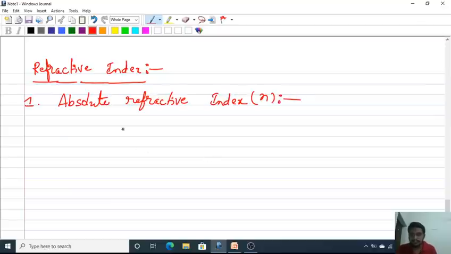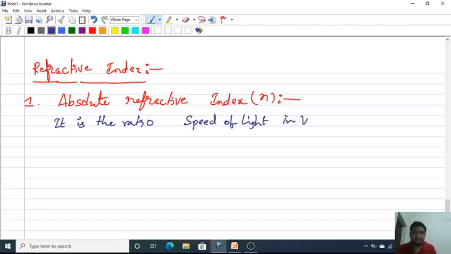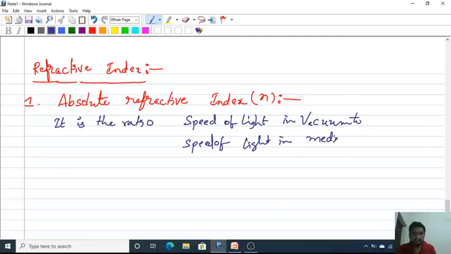It is the ratio of the speed of light in vacuum to the speed of light in a medium.